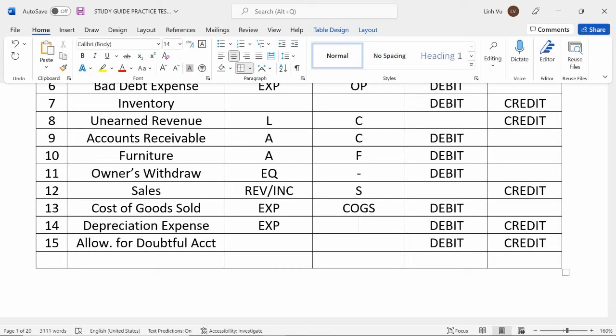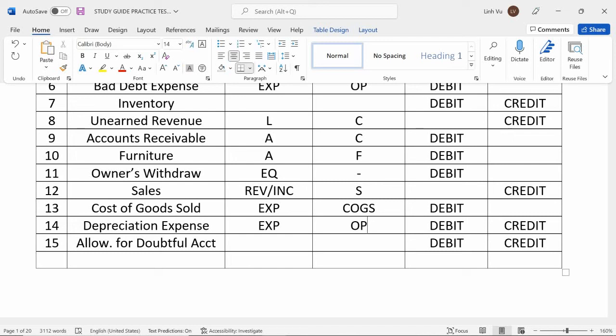And then depreciation expense, I took it as operating expense? Yes, correct. Because again, cost of goods sold is directly correlated to your inventory and your sales. So in this case, does depreciating your fixed asset have anything to do with your sales or inventory? No. So in this case, you only have two more options.